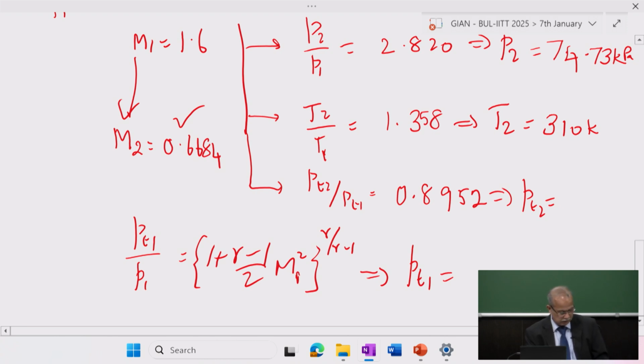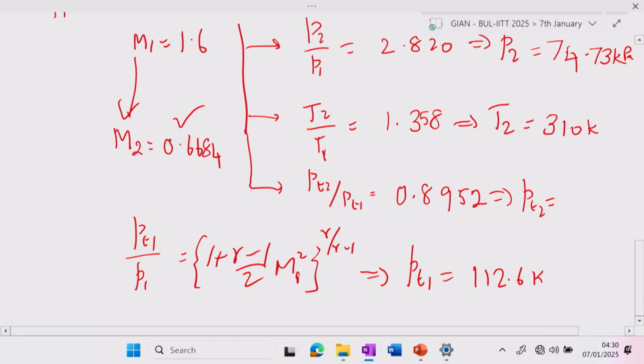What's the value for PT1? 112.62 kilopascal. So from this you can find PT2.